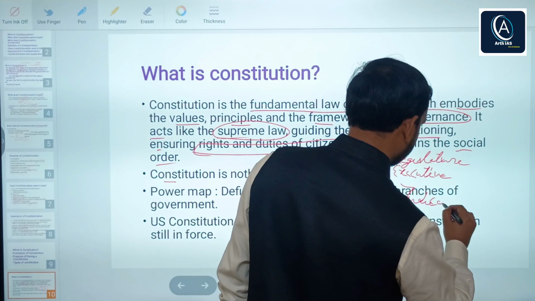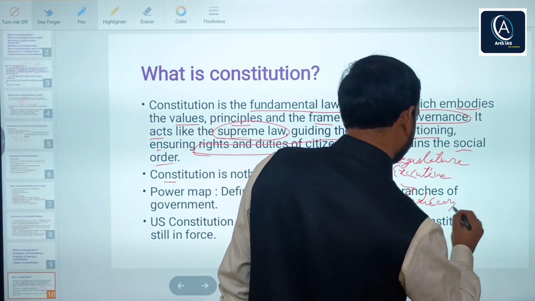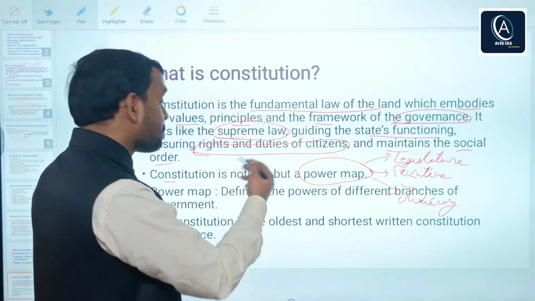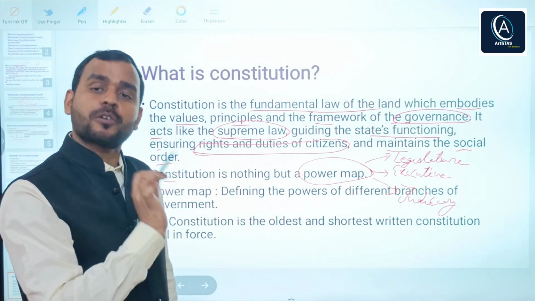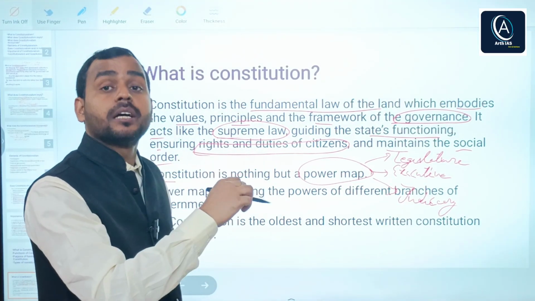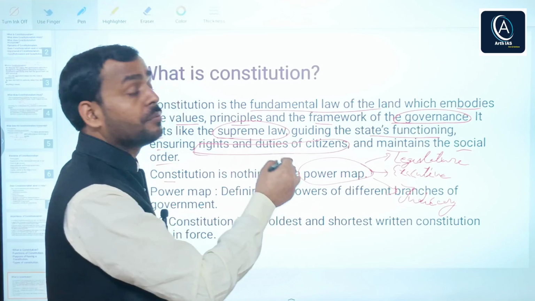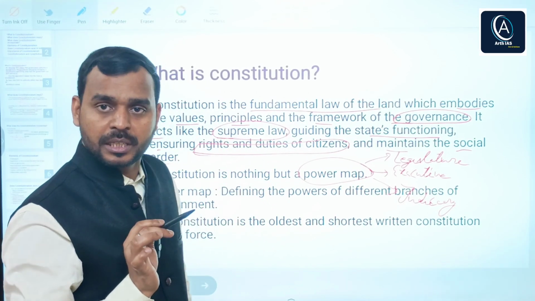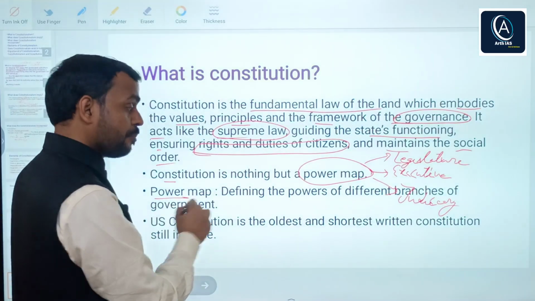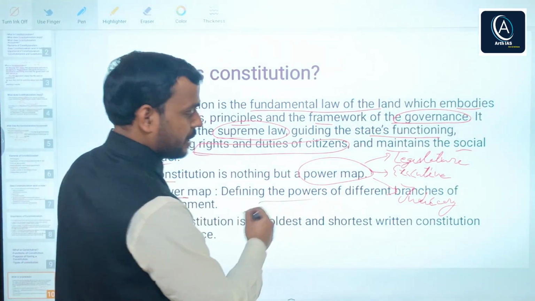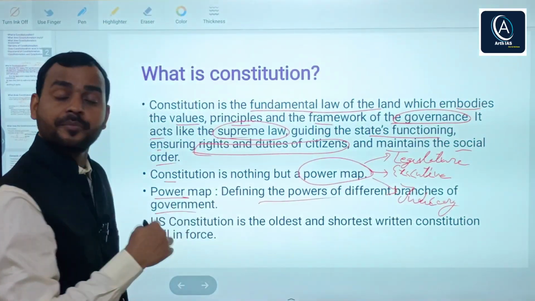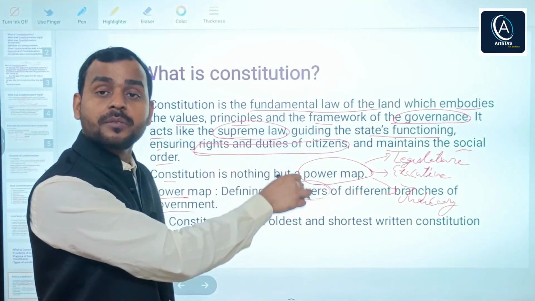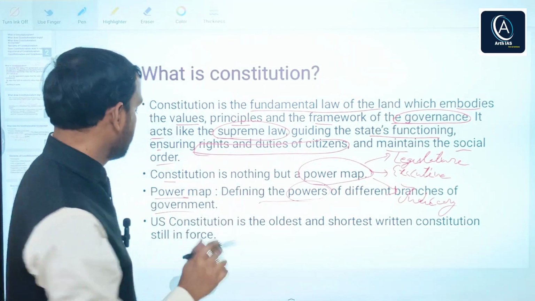So that is the simple meaning of power map: it demarcates or explains which organ of a state has which kind of power. It defines the powers of different branches of government. Different branches of government are legislature, executive, and judicial.